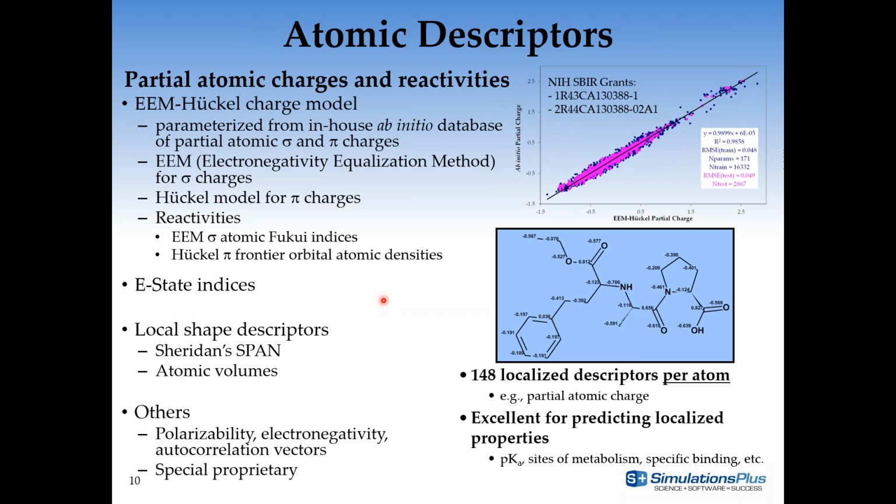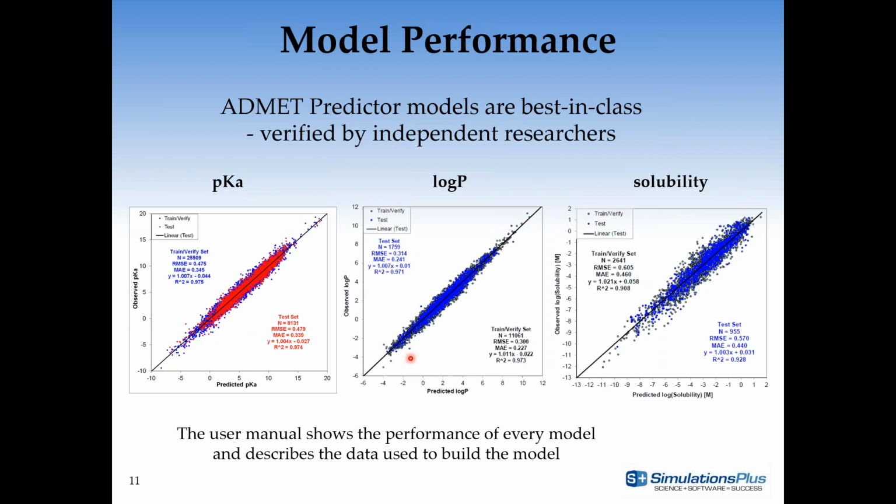use for model building. Some of the descriptors are listed here, something like 150 descriptors per atom. So this slide is showing the predictive performance of some of our models, all of which are based on those descriptors that we've developed.